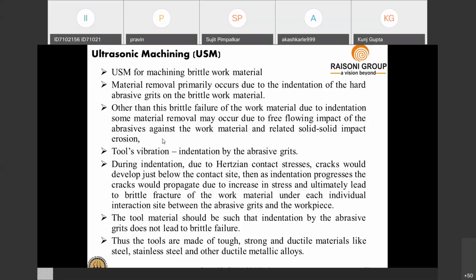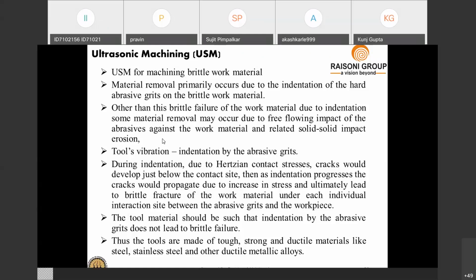So here it may not be clearly visible or understandable to you, but later on with a 3D animation you will understand how this ultrasonic machining works. So when you provide vibration on the tool, and below that tool there will be abrasive grit, due to the constant indentation stress will generate.